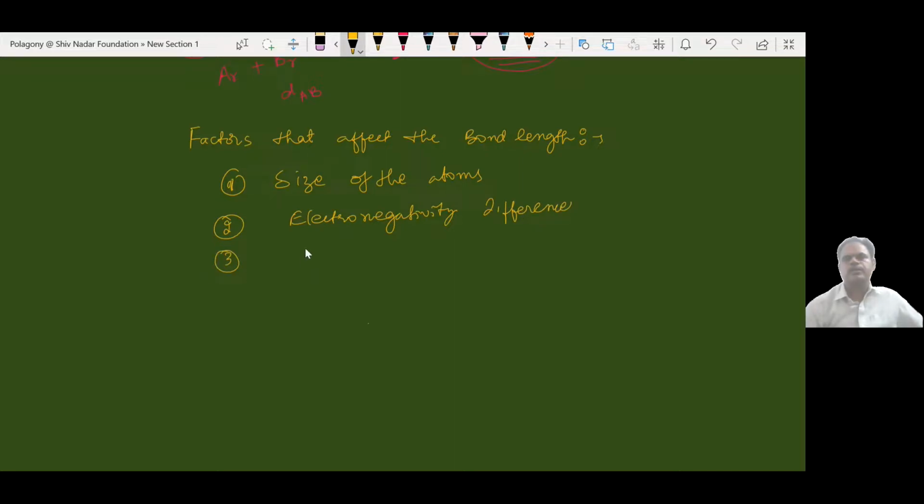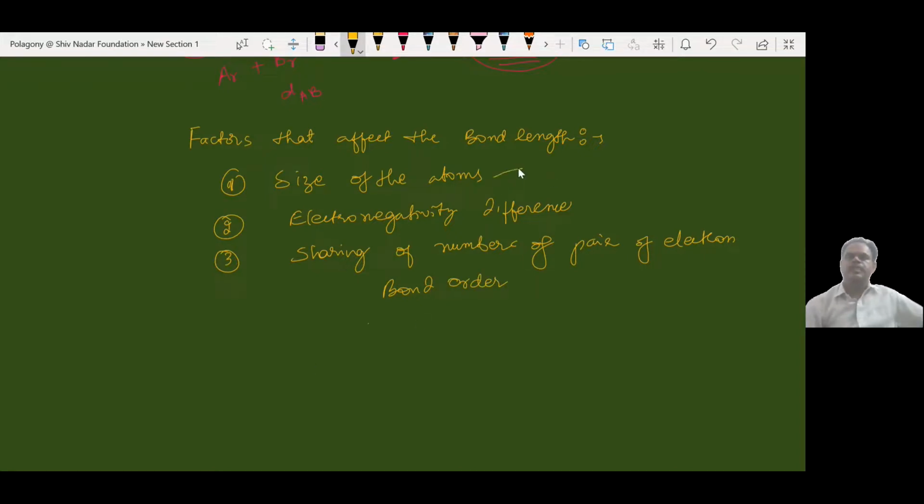Number three, sharing of number of pairs of electrons, which is nothing but bond order.